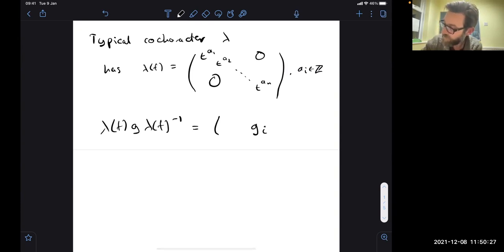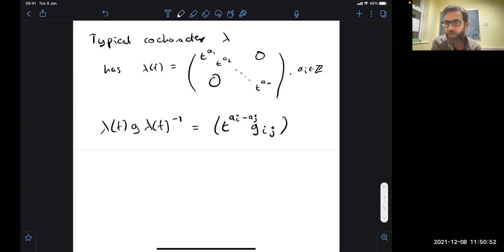I'm going to get the ij entry of the original matrix g, and I'm going to multiply by some power of t, and what happens is that the lambda of t on the front gives you a t to the a_i, and the lambda of t inverse on the back gives you a t to the minus a_j. So I get an a_i minus a_j in here.